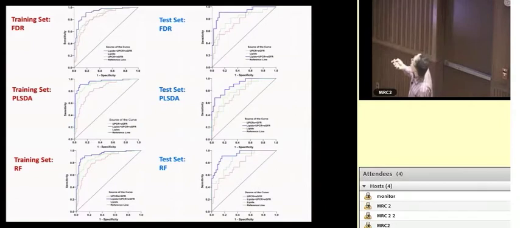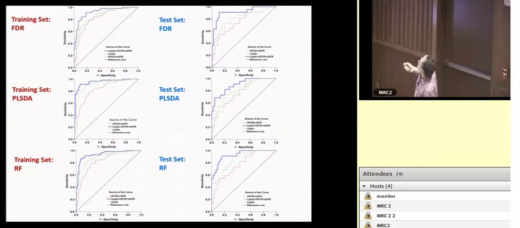classification power. Here, you could see this is the training set in FTR where we used just the FTR methods, meaning the top 3 lipid biomarkers. The red line is the eGFR and proteinuria combined.